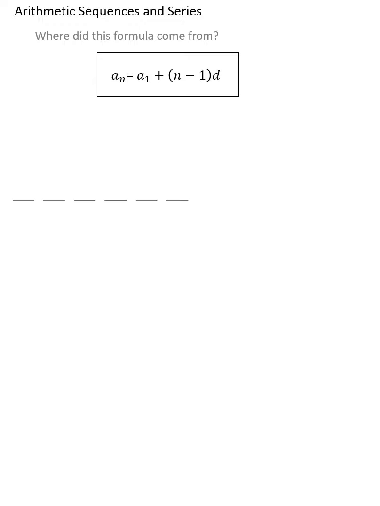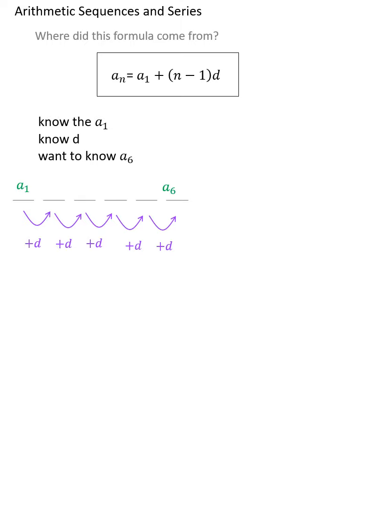Imagine that we had a sequence and we were looking at the first 6 terms. And imagine that we knew the first term, we knew the common difference, the spacing between terms, and let's say we wanted to know the 6th term. Wouldn't it stand to reason that to get the 6th term, we would have to take the first term, add d again, and again, and again, and again.